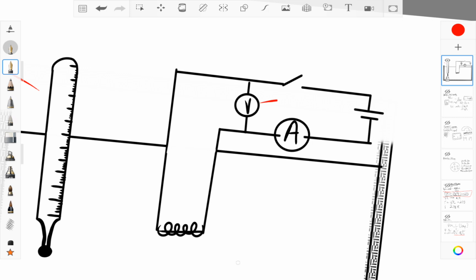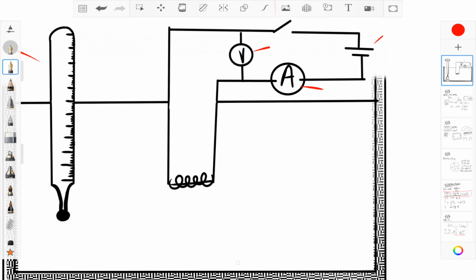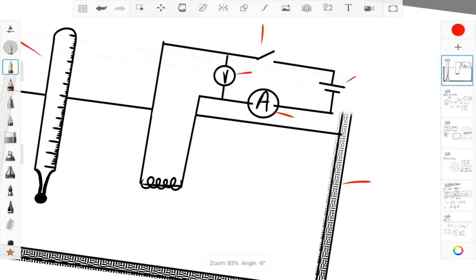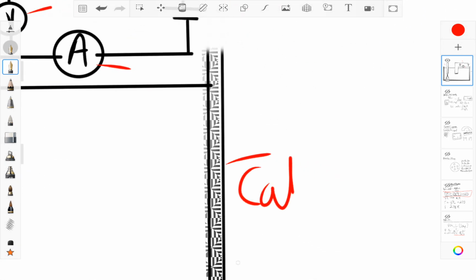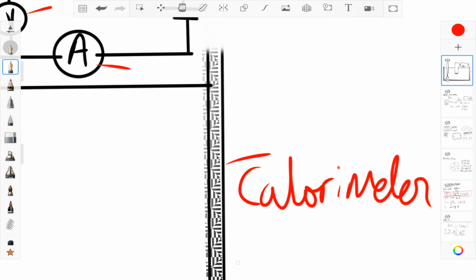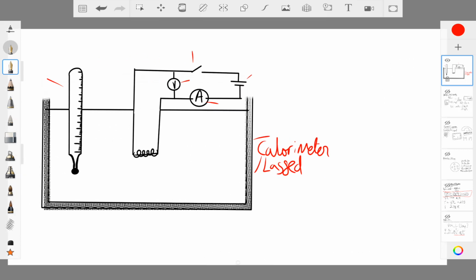You have a voltmeter, which is this, an ammeter, a switch, a cell, and this container is actually called a calorimeter. Let me spell that out. Calorimeter, or you can just call it a lagged container. What this does is it prevents most of the heat from escaping.